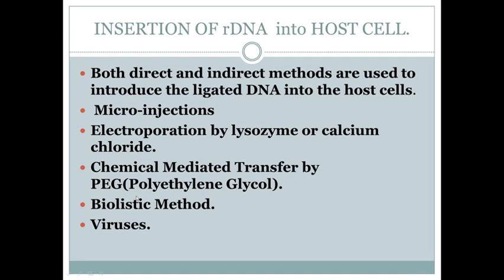Bacteriophages are used to introduce plasmid DNA into host bacteria, or sometimes simian viruses can be used for animals. And cauliflower mosaic virus or tobacco mosaic virus have also been used for transfer of foreign DNA into host plants.